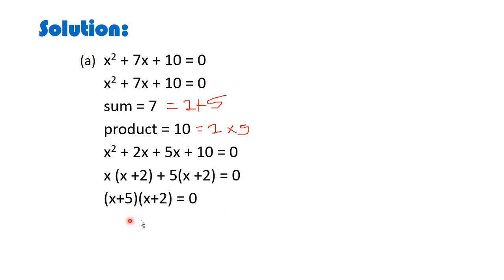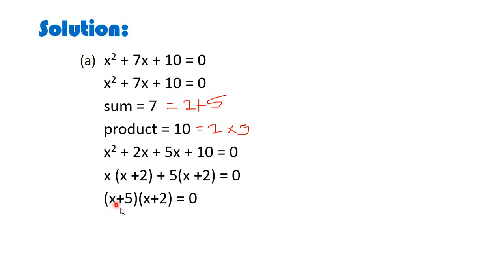So it means that if we multiply the values in the two brackets, they must give you 0. For this to give you 0, either x plus 5 is equal to 0 or x plus 2 is equal to 0.